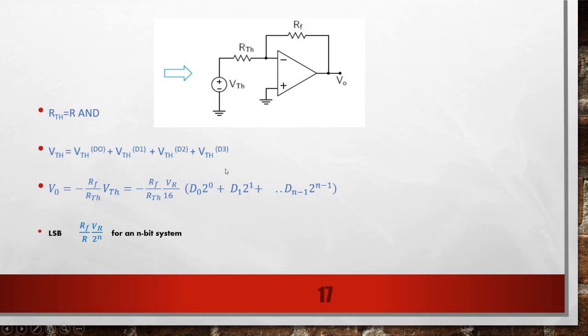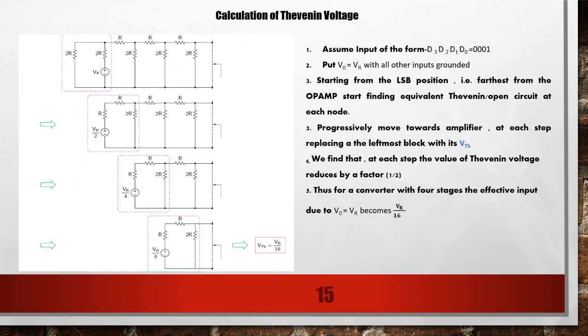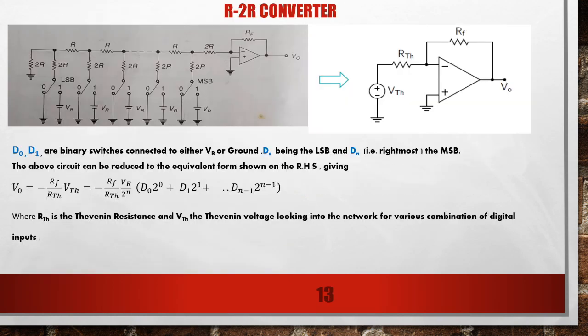Now we'll see why we talked about the input nearest to the op amp as most significant, because this has a contribution of VR, whereas this has a contribution of VR by 16. So while in the weighted resistor we were going for a division in current due to the different weighted resistors, we are having effective division of voltages.